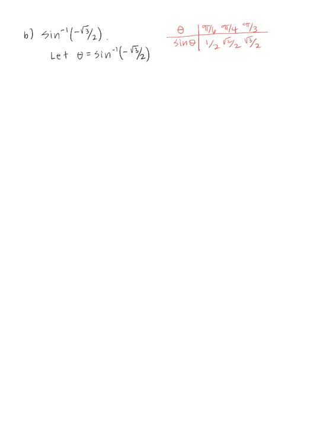Okay, so first step, let theta be sine inverse of -√3/2. So that implies that sine of theta is -√3/2, where theta better be between -pi/2 and pi/2. All right. So let's analyze a little bit.